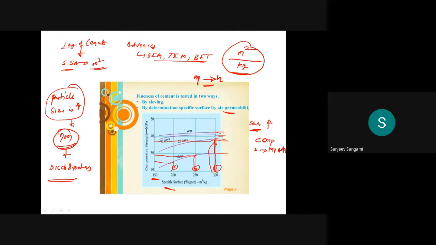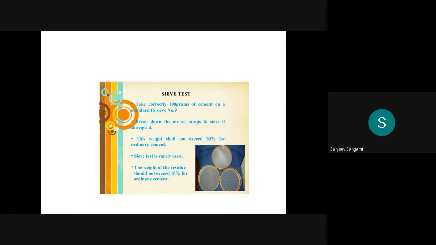When it reaches some saturation point, you have to stop reducing the size of the particles. Okay, so this is about the cement.